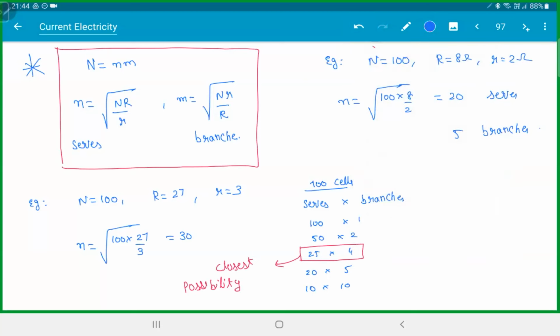Do have a look at this. Quite an important result. Any doubts on this?